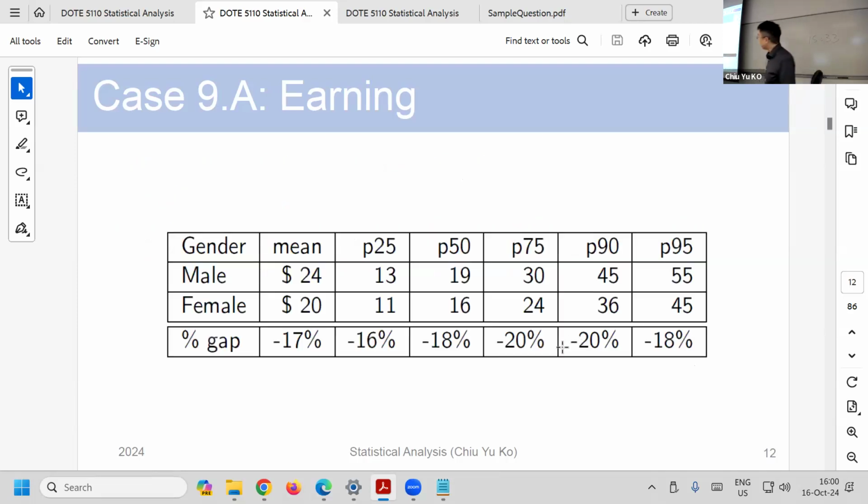So this is raw data. You look at the mean. On average, men earn $24 per hour, US dollars, and women earn $20. Okay, and the gap is 70%. And you can do this for the median, the 90% quartile and the 25% quartile, right? Women uniformly earn less.